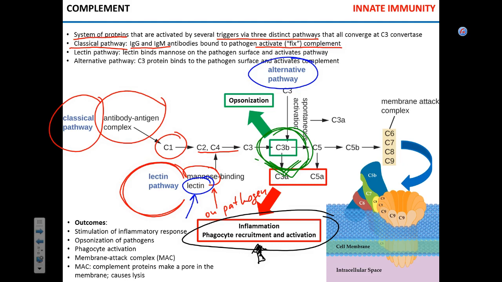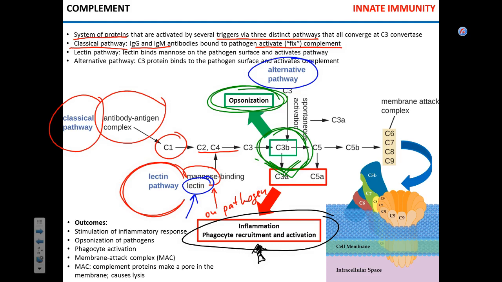Okay, complement proteins will activate macrophages, will increase phagocytic recruitment, white blood cells will migrate to the site of infection, promoting phagocytosis. Good? Understood?